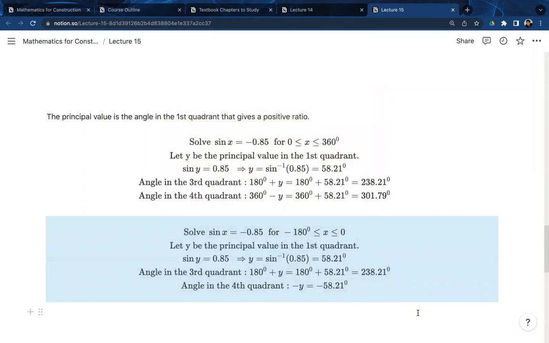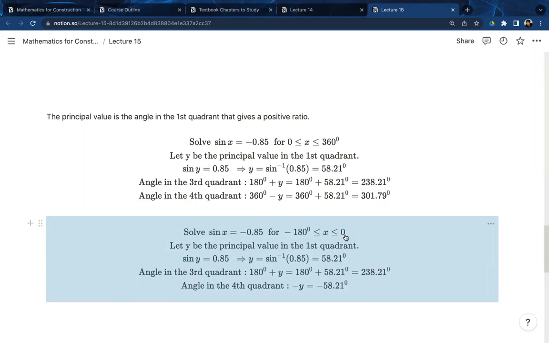Because an acute angle in the fourth quadrant, we just measure it clockwise. Anti-clockwise is positive, but for the fourth quadrant we measure clockwise, so we go negative. For a third quadrant angle, with this domain here, you have to go clockwise. It's negative angles they're talking about.